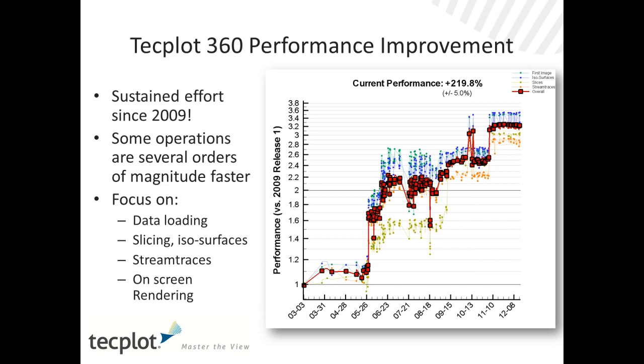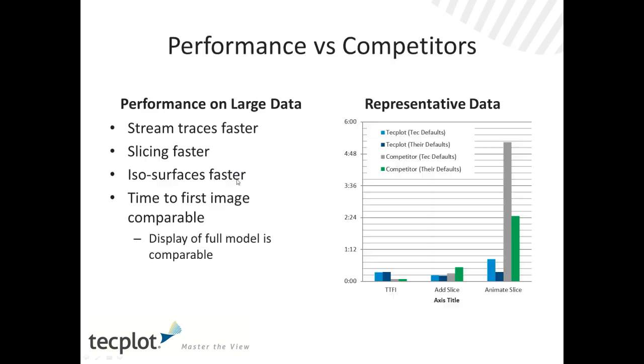As I mentioned before, our performance has improved by at least an order of magnitude over Tecplot 10 when we first started this effort, when we went to Tecplot 360. We did data loading, slicing, and isosurfaces. These things are parallel. Stream traces are highly parallelized, and we did a lot of work to improve the rendering speed as well. So it's been a sustained effort, and it continues.